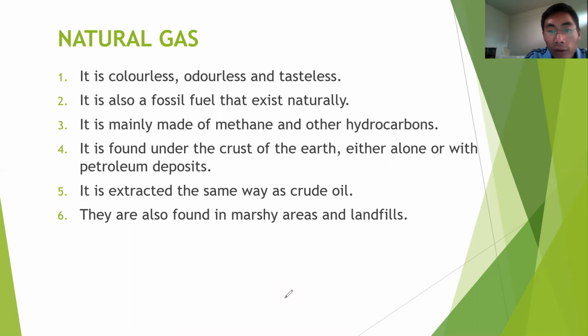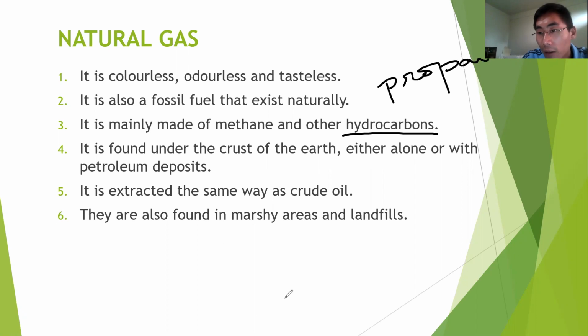I have already given you an example in the previous video, that was methane. Other examples of hydrocarbons will be propane and butane. So these are other examples of hydrocarbons.